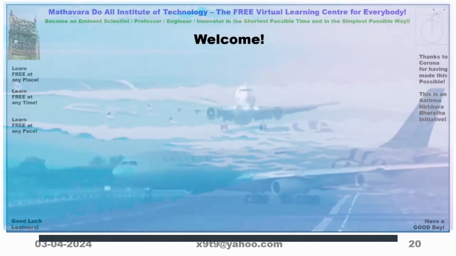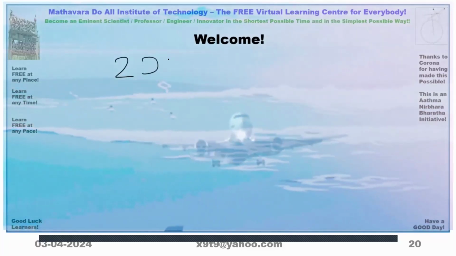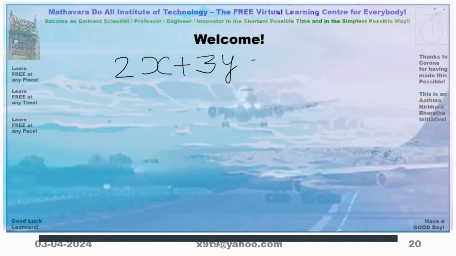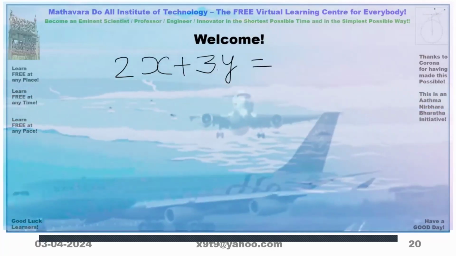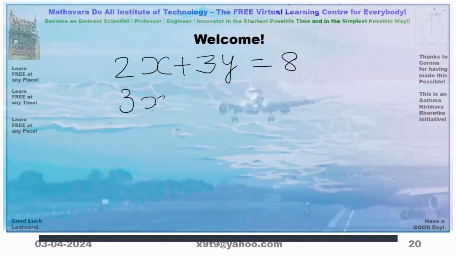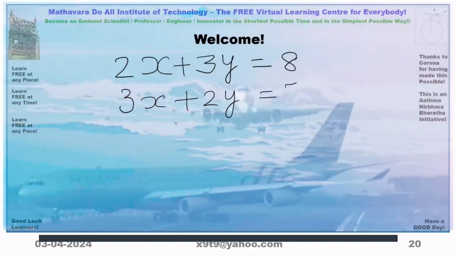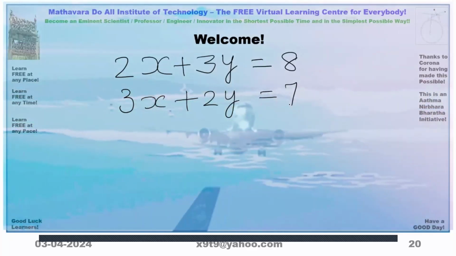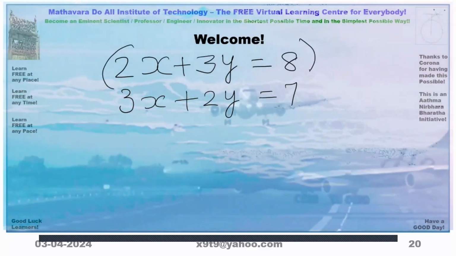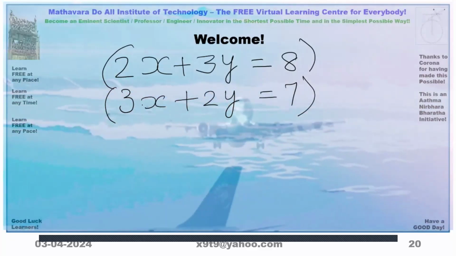So now that means there are different methods of solving this, like 2x plus 3y is equal to 8, and 3x plus 2y is equal to 7. What we have to do is first multiply this by something or this by something so that the coefficients become equal.